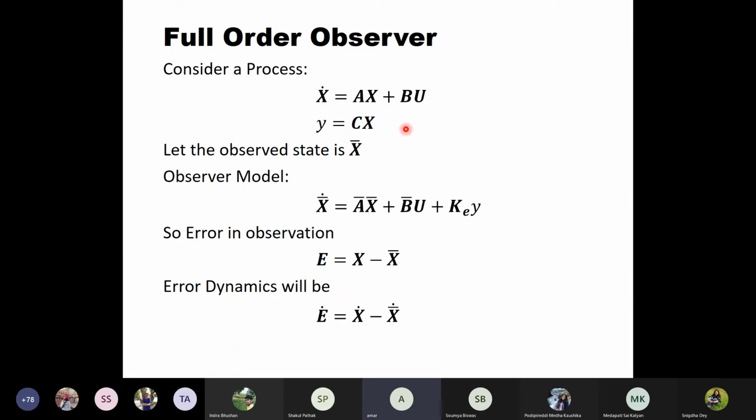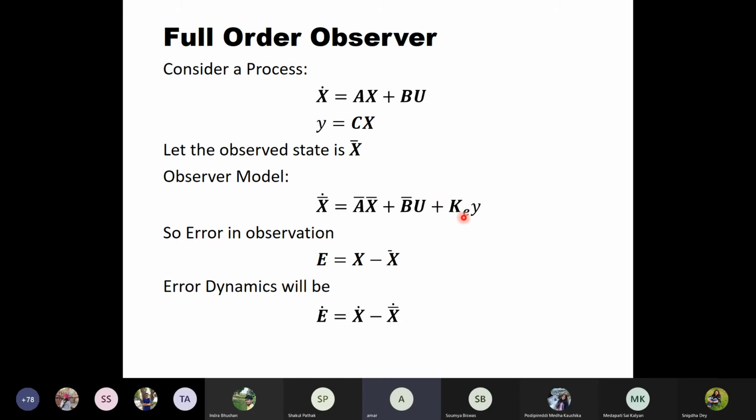Clear? Okay. So I have to take a feedback of the measurement in the observer model equation, and this feedback I multiply with a certain gain. This gain I manipulate so that the error will be 0. That means x bar will reach x.